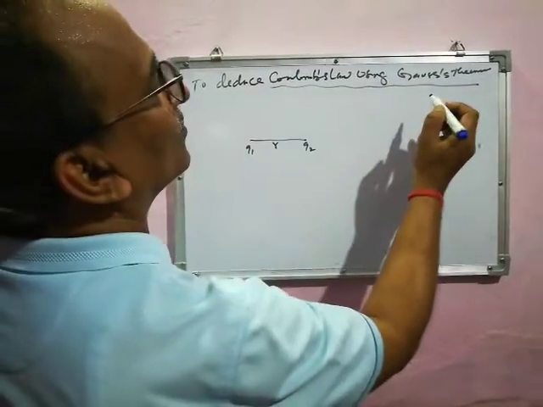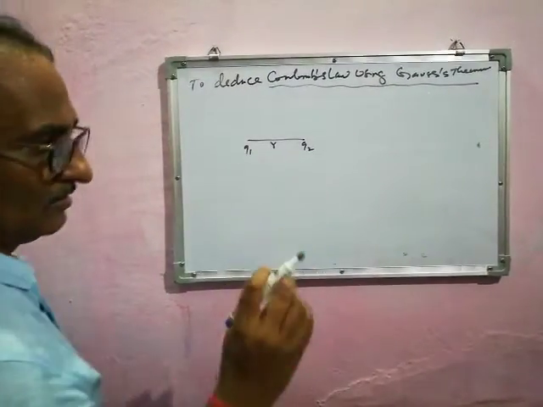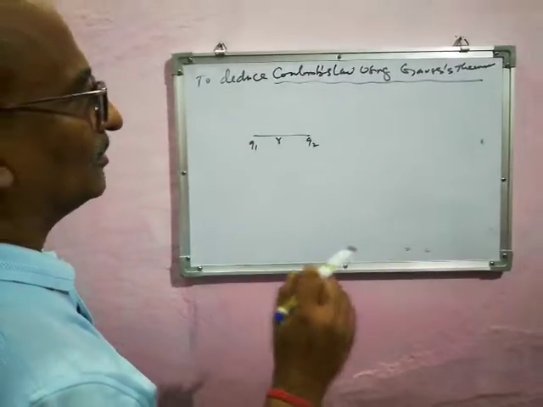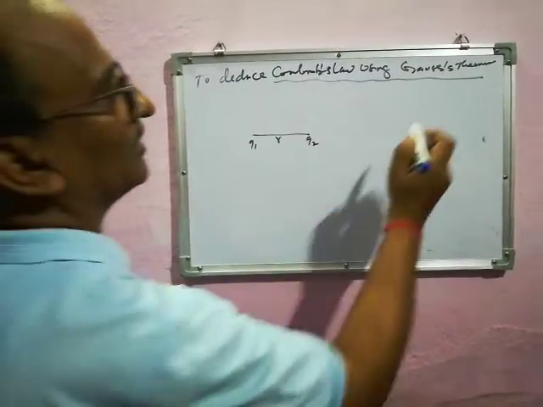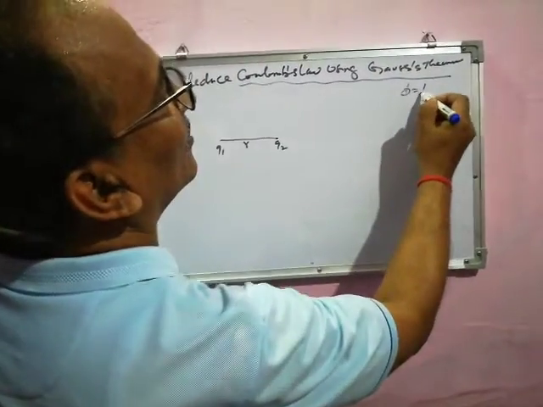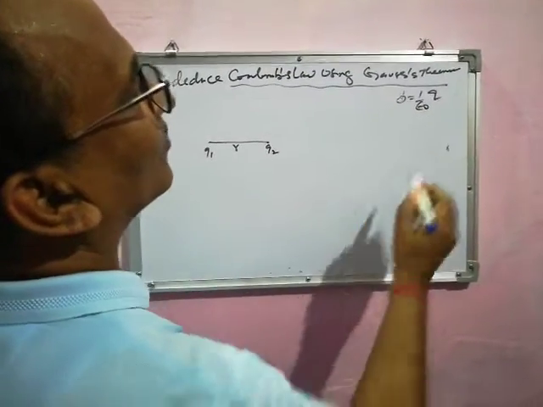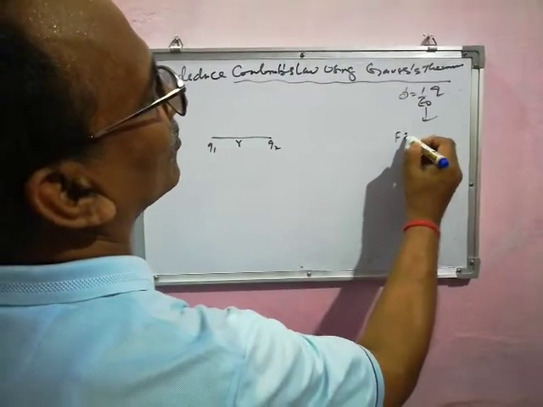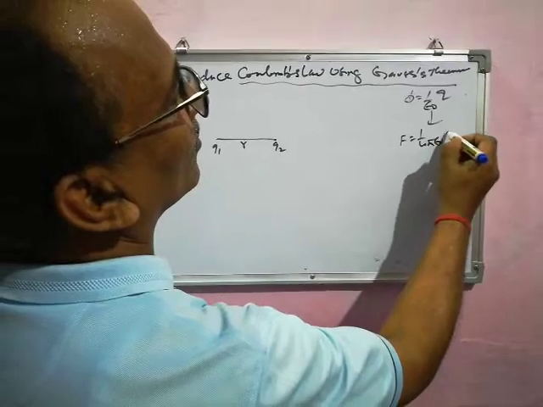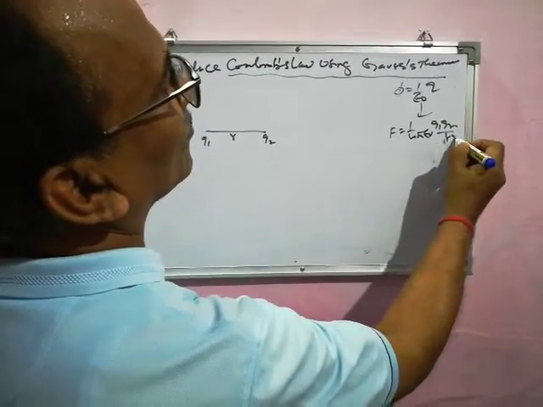We have to deduce Coulomb's law using Gauss's theorem. It means with the help of this formula, we have to prove F is equal to 1 by 4 pi epsilon naught Q1 Q2 by r square.